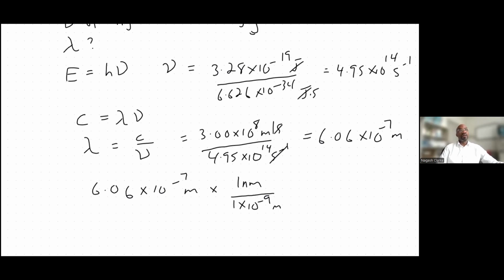All right, so there's about 1 billion nanometers in 1 meter. So 6.06 divided by that gives us 606 nanometers.